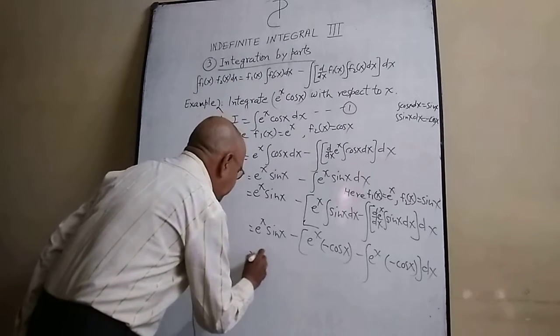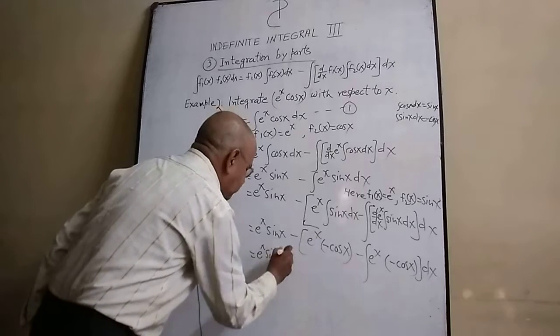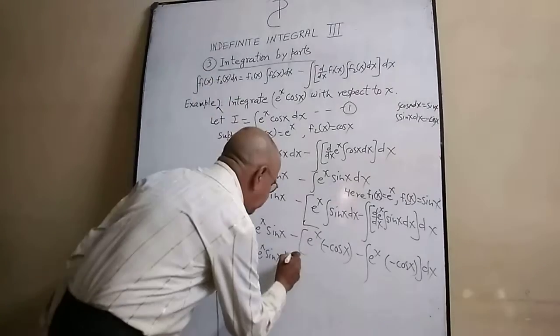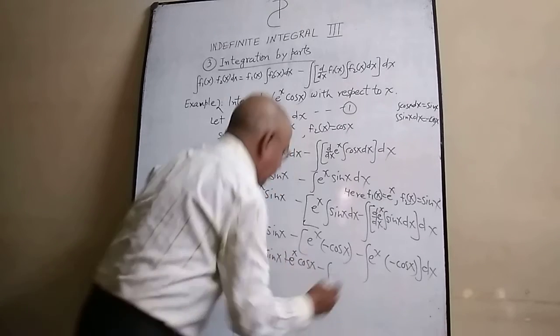This is equal to e to the power x sin of x minus minus plus. This minus and this minus become plus, and this will be plus e to the power x cos of x minus e to the power x.